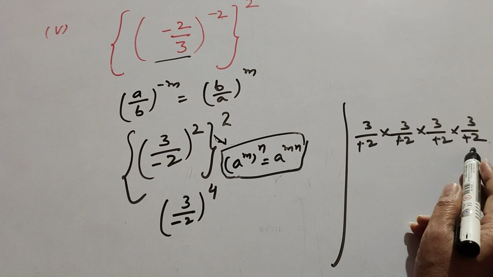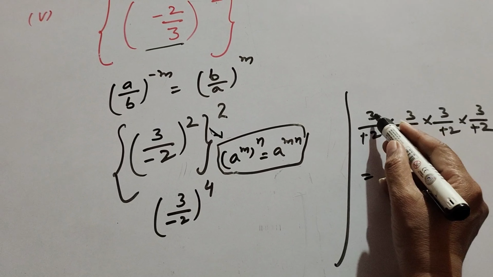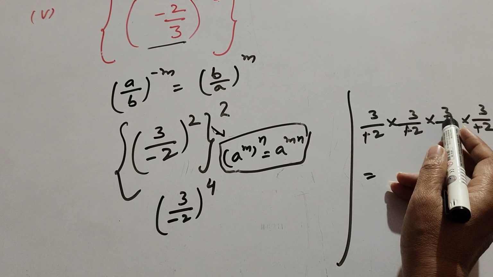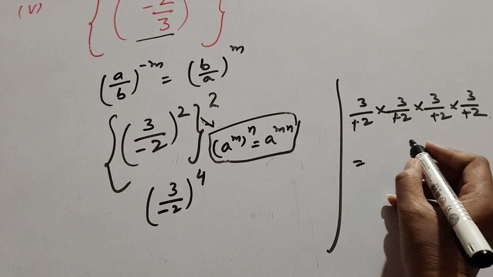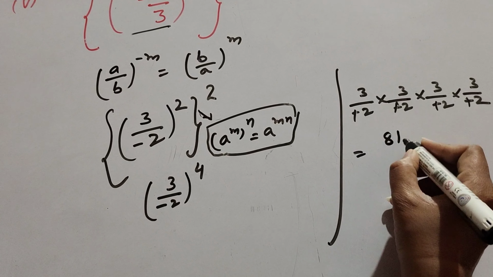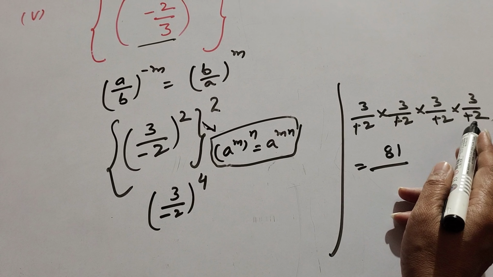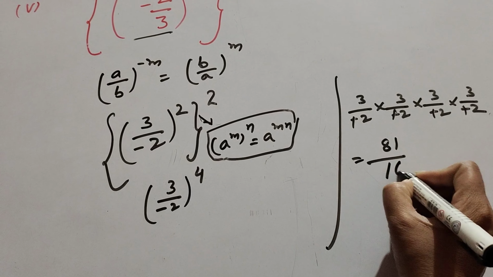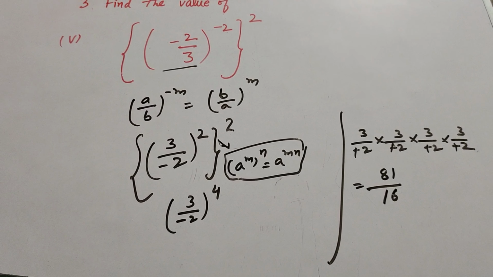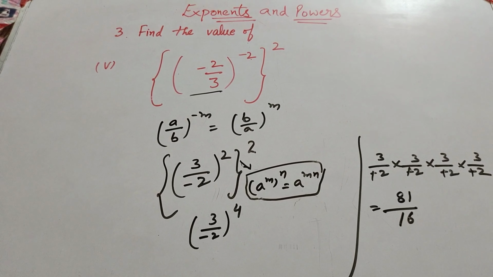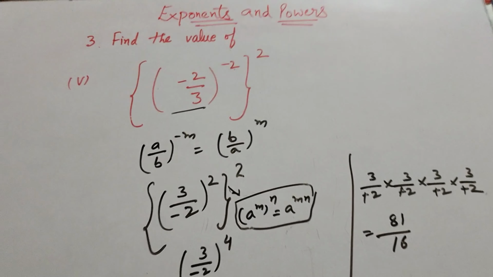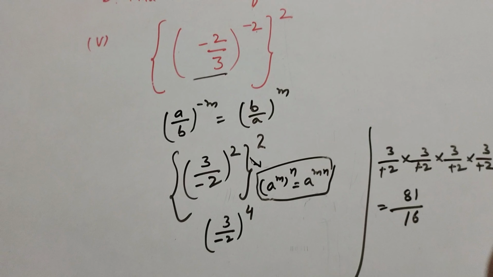Now we multiply numerator with numerator and denominator with denominator. 3 multiplied by 3, 9, 9 multiplied by 3, 27, 27 multiplied by 3, 81. In the denominator 2 multiplied by 2, 4, 4 multiplied by 2, 8, 8 multiplied by 2, 16. So 81 over 16 is the answer of this exponential form.